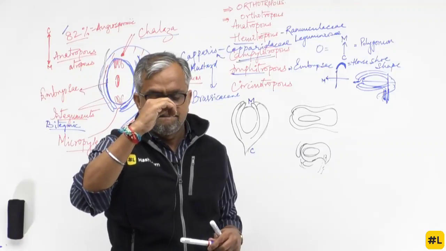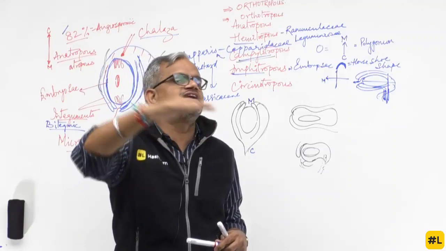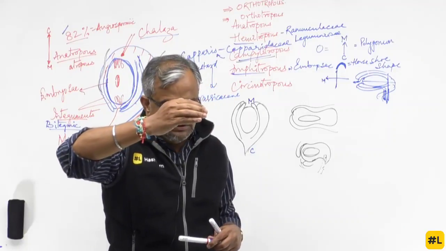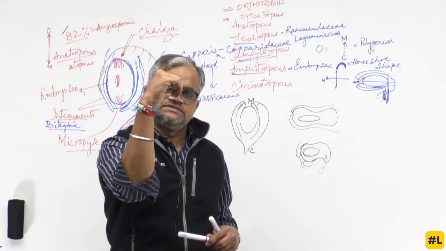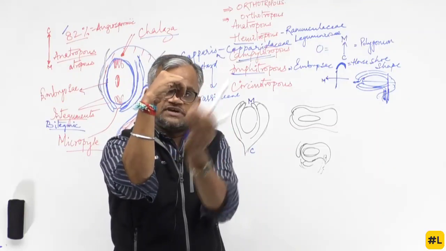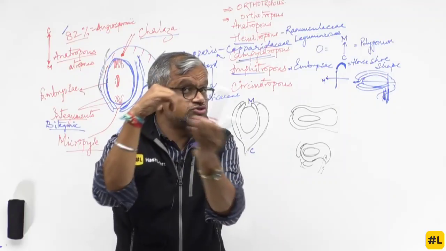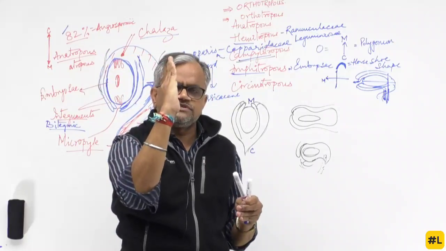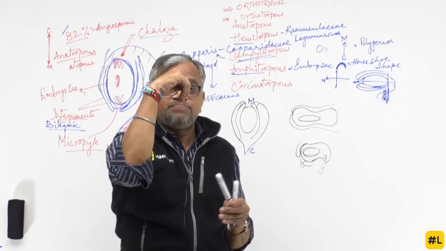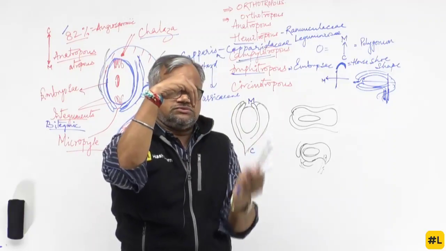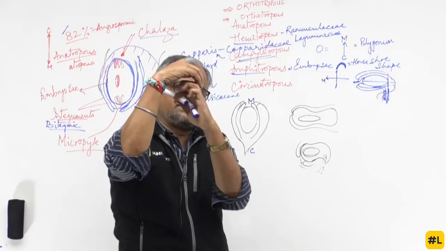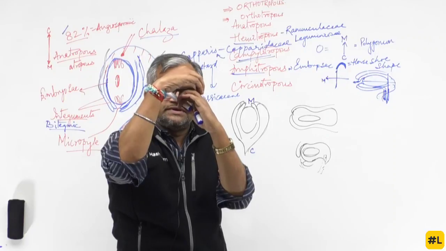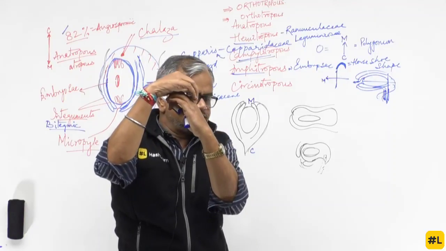The body of the ovule shows prominent curvature. It is not curved like that. It has prominent curvature, not orthotropous, not anatropous. Anatropous is this. Orthotropous is this. But in this curved ovule, here is your embryo sac. Try to understand this, right? This is the most important thing.